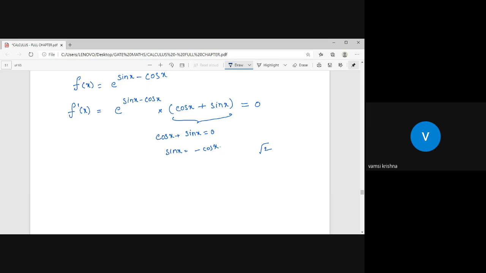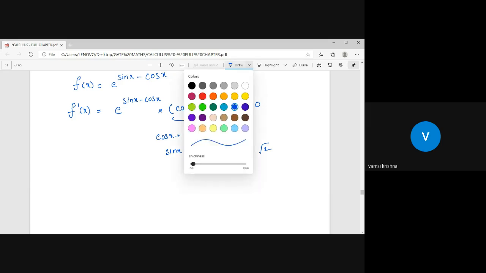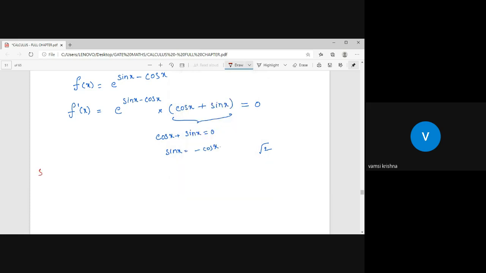You can also apply some shortcut like this. The given question is asking for the maximum value.